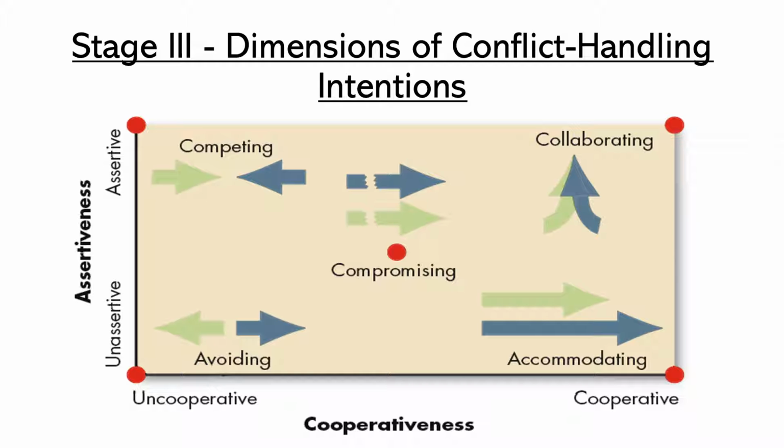Second one, collaborating. I win, you win. The trade union leader is asking for a 10,000 rupees hike. Management is also agreeing to that 10,000 rupees. It's not that at the first attempt they have agreed. So that is collaborating. Both of the parties win. Next one, avoiding.